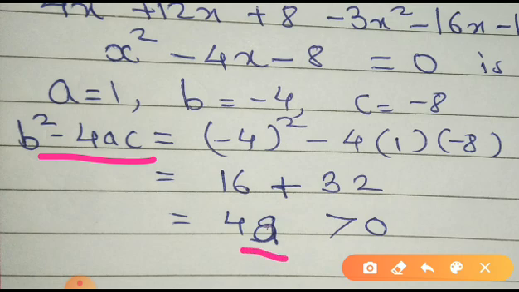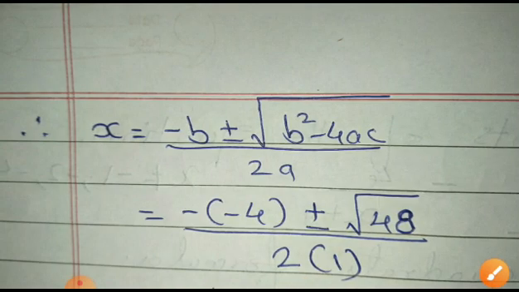Now 48 is greater than 0, right? So I'll be having two distinct real roots. Find the value of x by the formula, minus b plus or minus root of b square minus 4ac by 2a. Substitute the values.